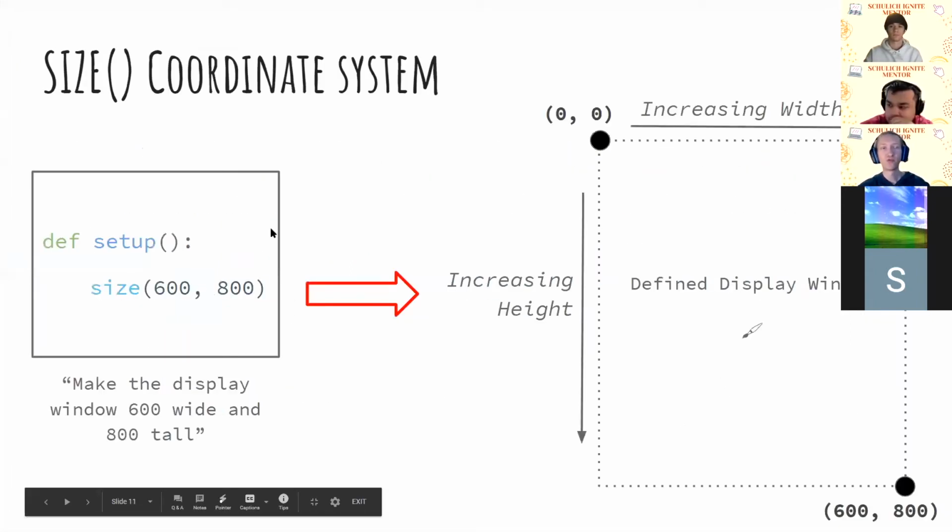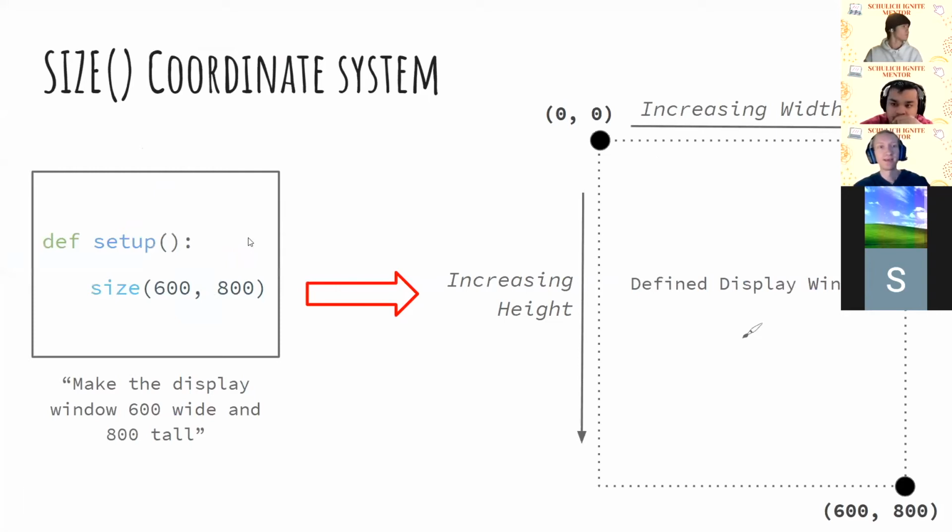So the screen coordinates, the 600 and 800, are going to correspond with the width and the height. How the coordinate system works is the same as reading, left to right and top to bottom. So it makes sense to have 0, 0 at the top left-hand corner, and then we have increasing width and increasing height.